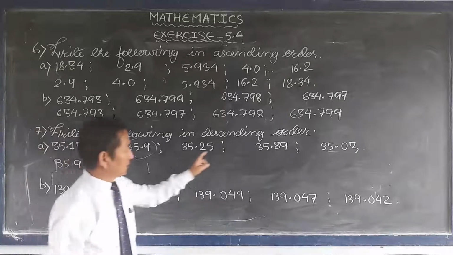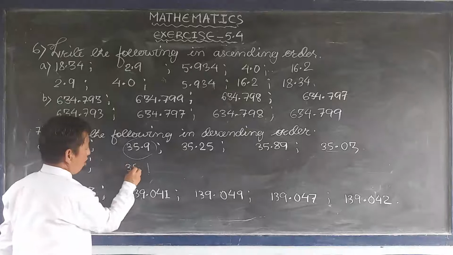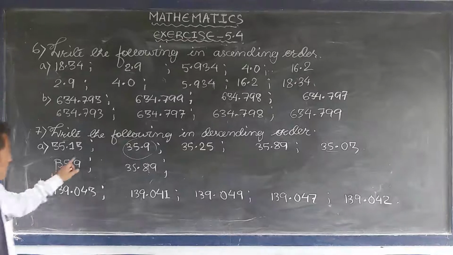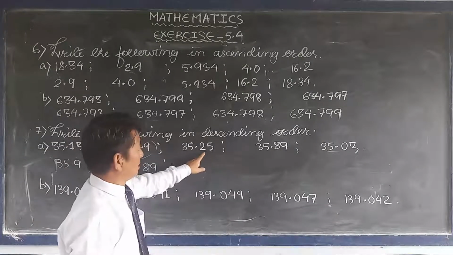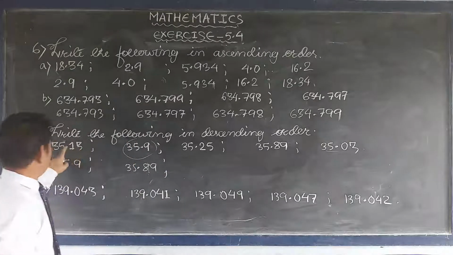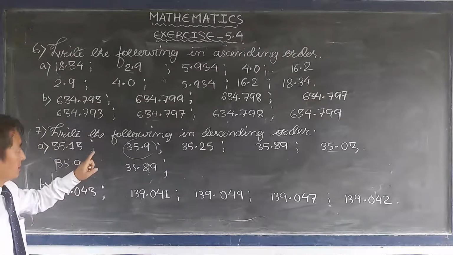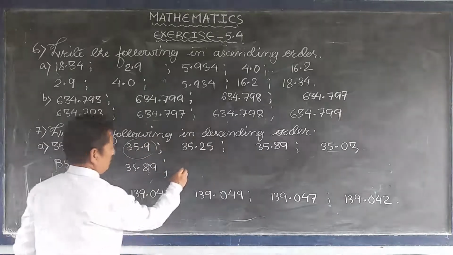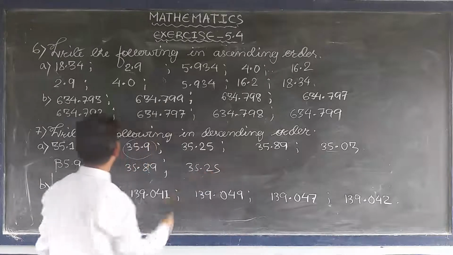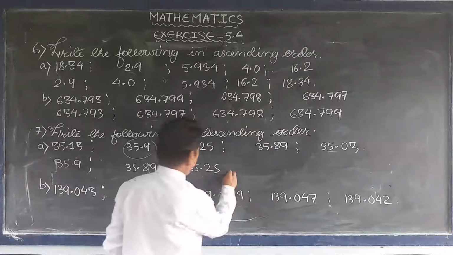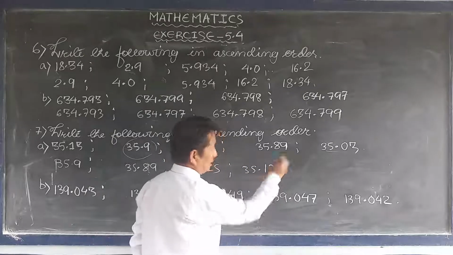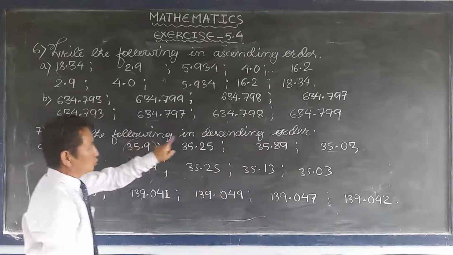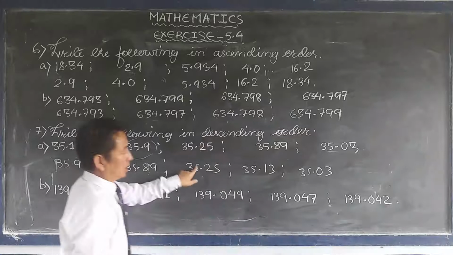Second one, 35.89. Then 35.25, then 35.13, and the last one, 35.03, is the smallest number. 1, 2, 3, 4, 5.